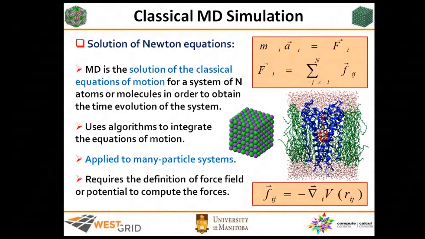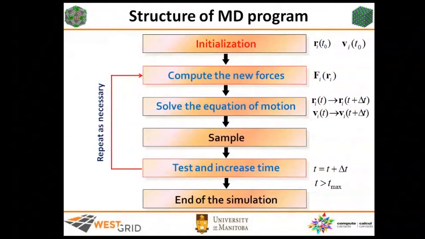In this step, you have to set up all the parameters for the simulation, like your configuration with the positions, the mass of atoms, charges if there are, and so on. Initial velocities.